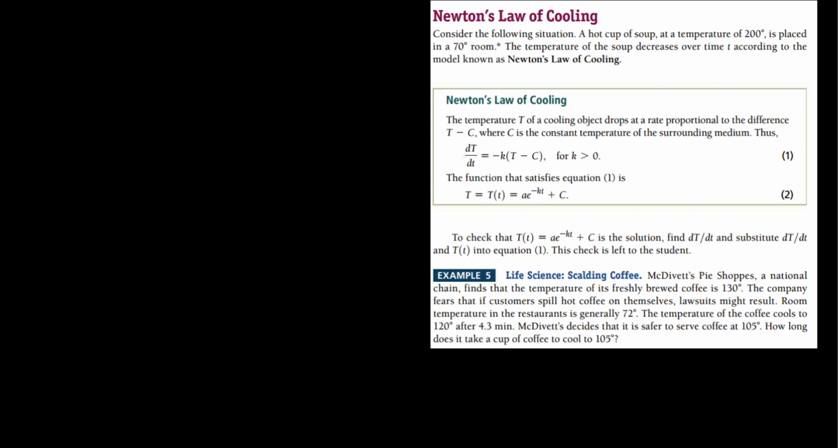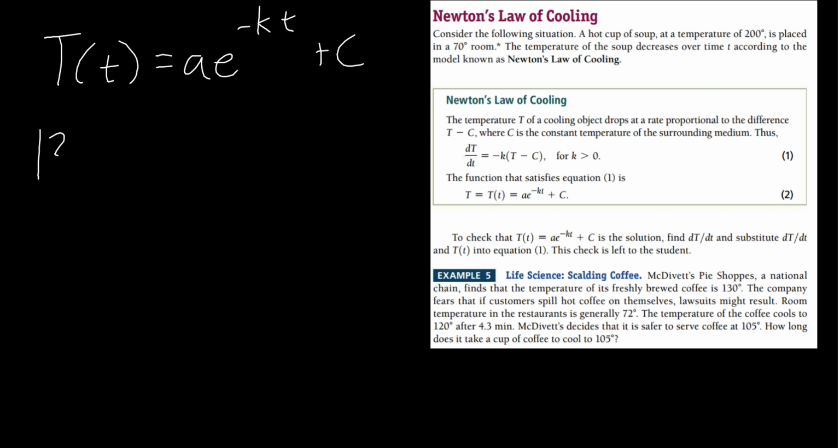So let's go to here. We have T of t is equal to A e to the negative kt plus C. Okay, so let's go ahead and start filling in the blanks here. So the temperature of my coffee is 130 degrees. So that's going to go here.